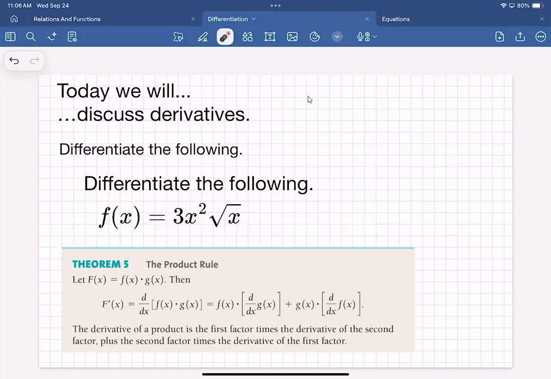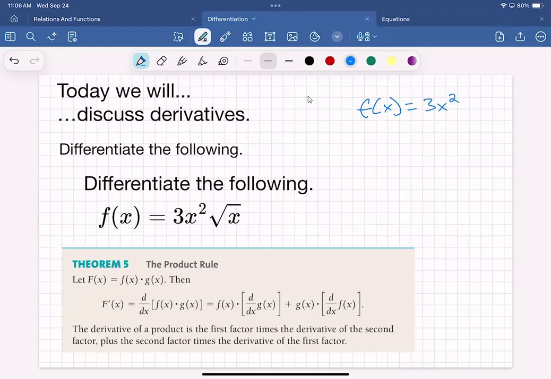Now, with that said, make sure you see here, if you wanted to, you can rewrite this function as 3x squared times x to the 1/2, which simplifies to x to the 5/2. We didn't have to use the product rule here, so there are other ways to deal with this. When you look at the derivative here, we could have just used the power rule.